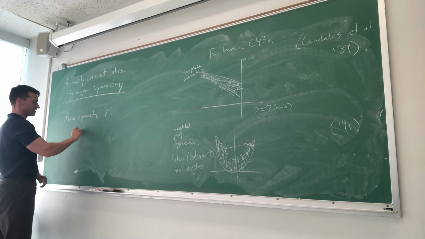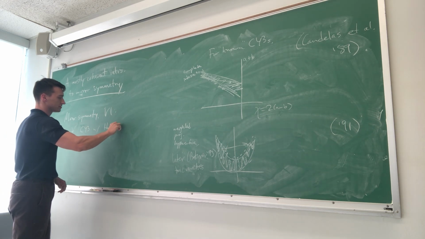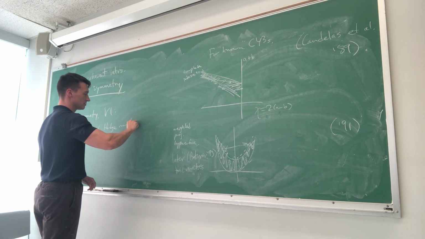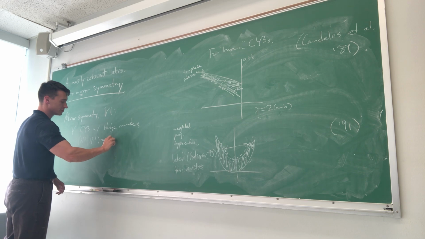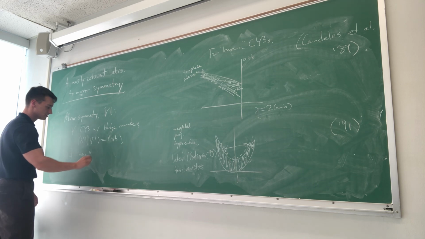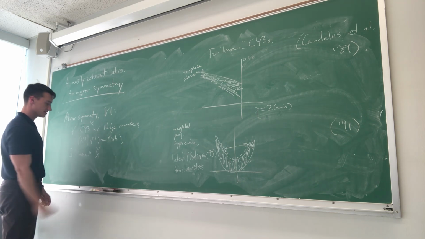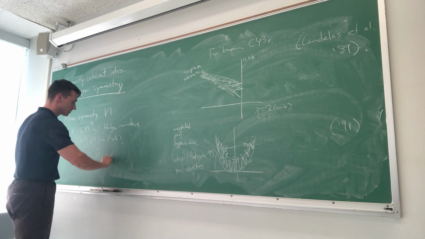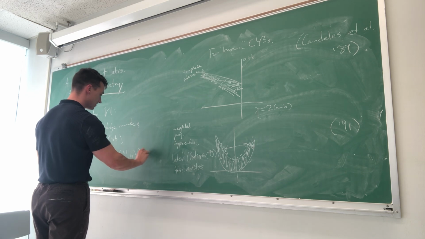So for every Calabi-Yau with Hodge numbers A and B, so H11, H21 equals AB, there exists what we call a mirror manifold. Let's call this X, we'll call this X check, with H11, H21 equals BA.